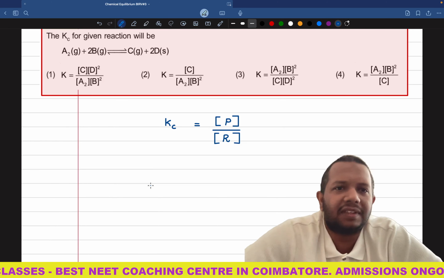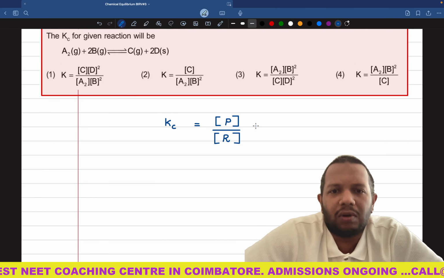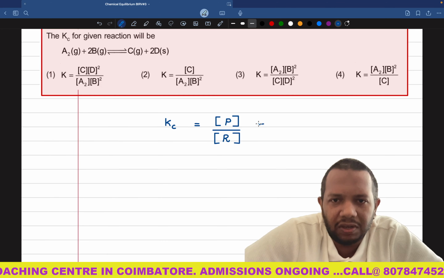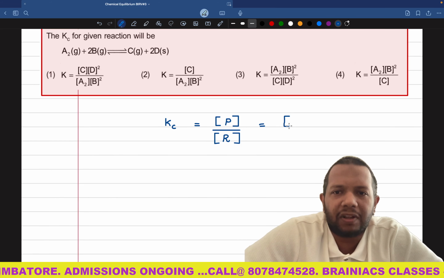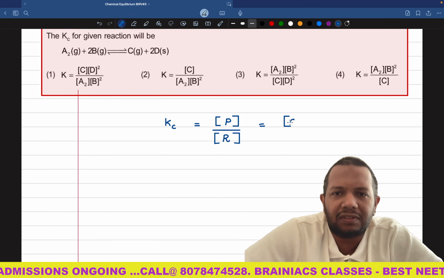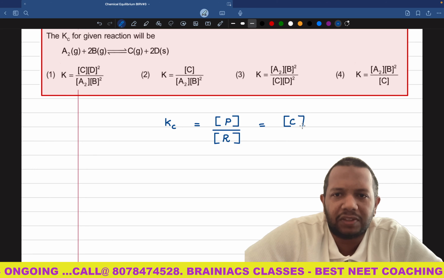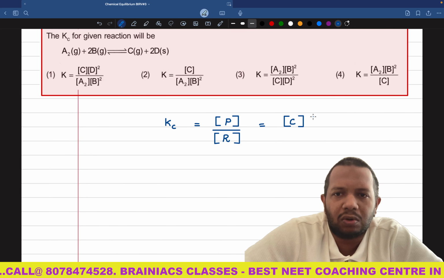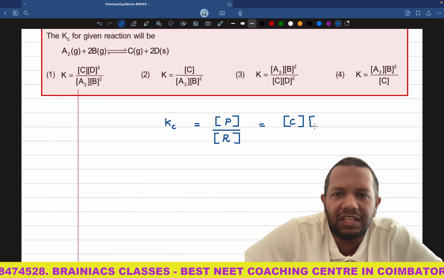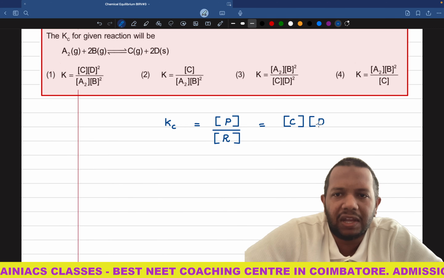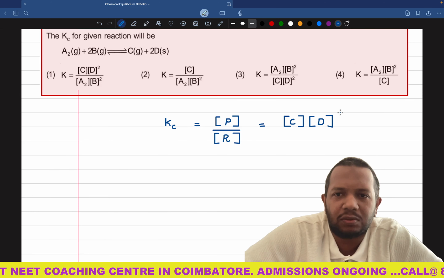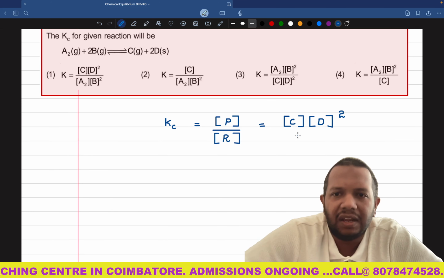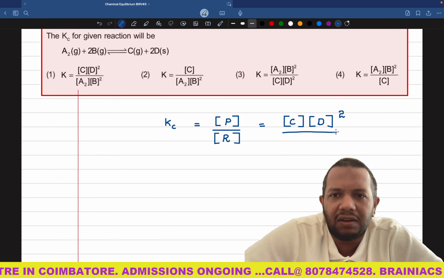So here the products are C and D. As per the law of mass action, if more than one product is there, we need to multiply their concentrations, that is concentration of C into concentration of D. And D has a coefficient 2, so we should raise it to that power, D square, divided by what will come?